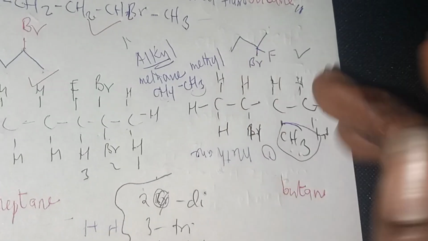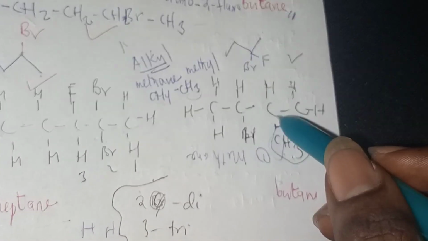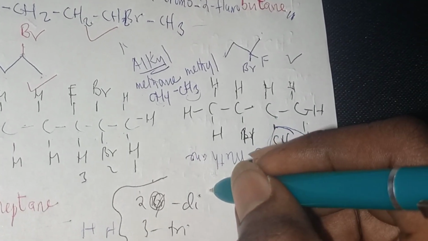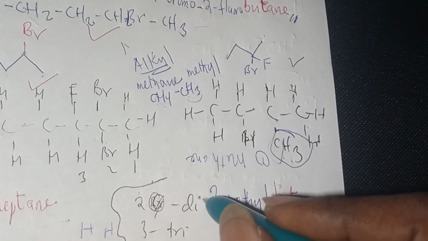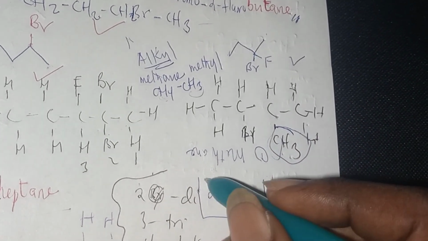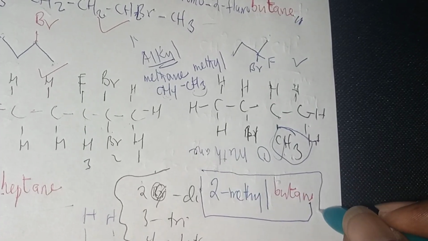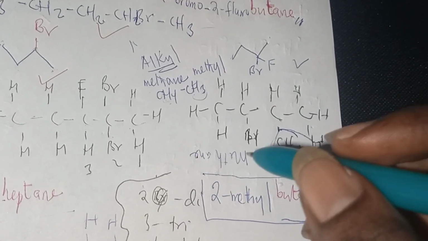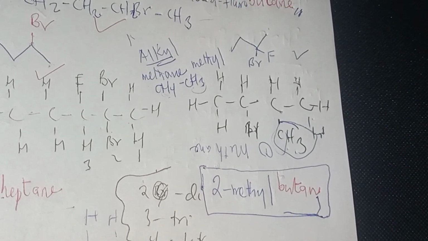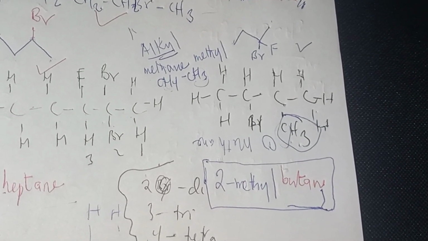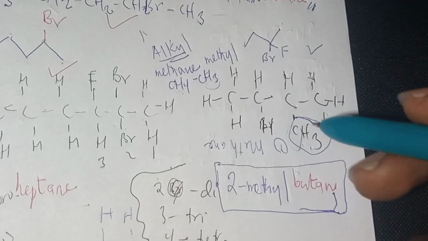So in this situation, we have methyl on the second carbon. So this is simply going to be 2-methylbutane. So this is what we'll be covering in this video. But in other videos, we're going to solve more practice questions on the naming of alkanes.